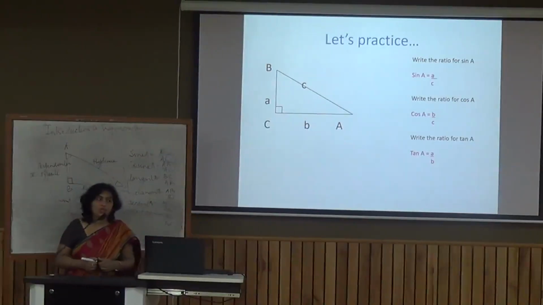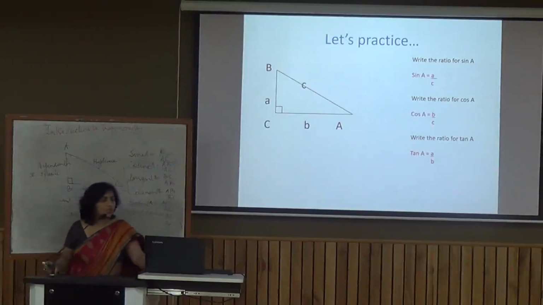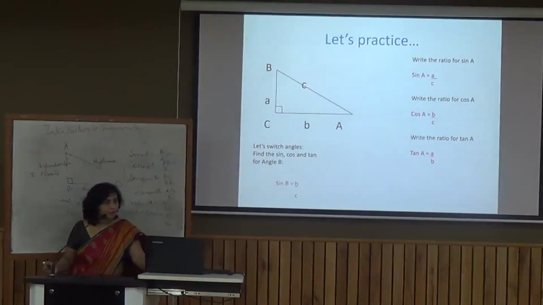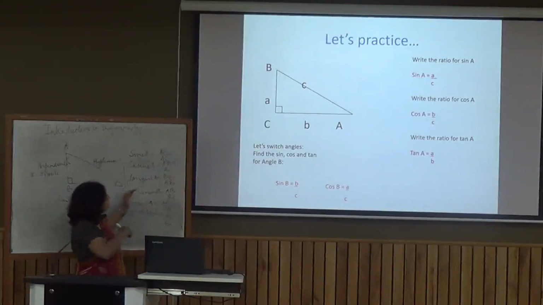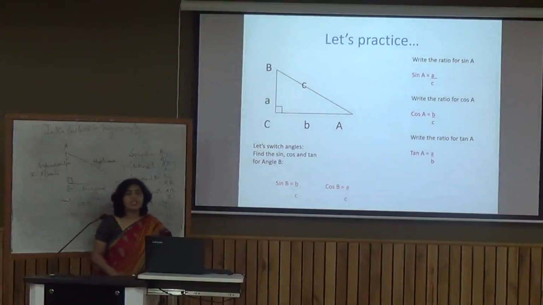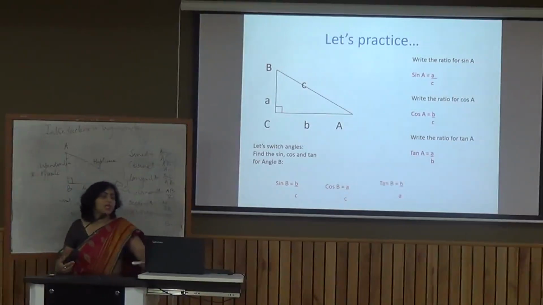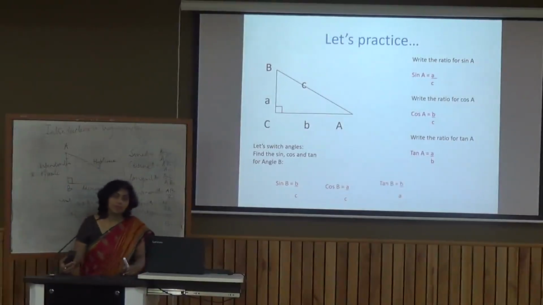And tan A is a upon b. Now if I change the angle, and instead of angle A we take angle B, then sin B becomes b upon c, cos B becomes a upon c, and tan B becomes b upon a.